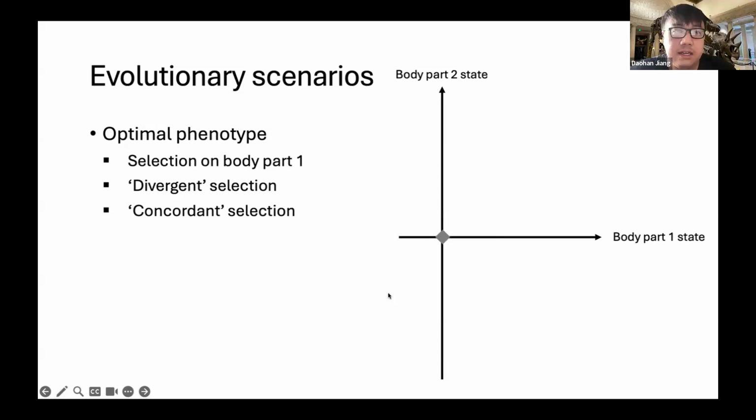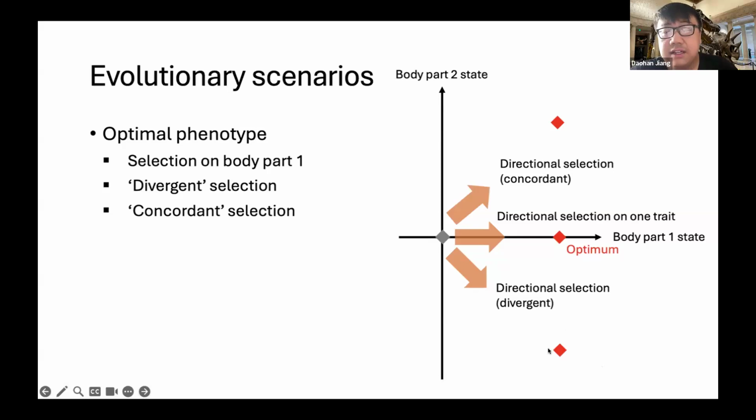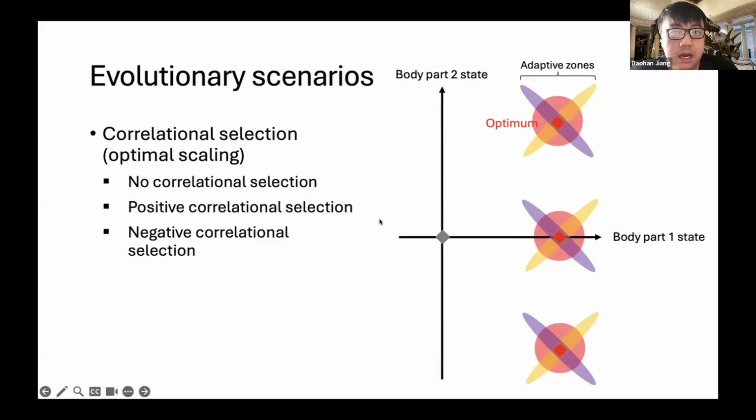We also examined some different scenarios of directional selection, including this case where one body part is under directional selection while the other is under stabilizing selection, or both are under directional selection and it's concordant, or it's divergent, selecting for a state where the two body parts have very different states.